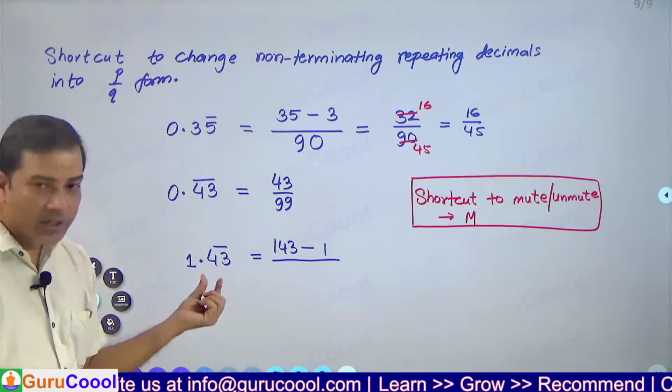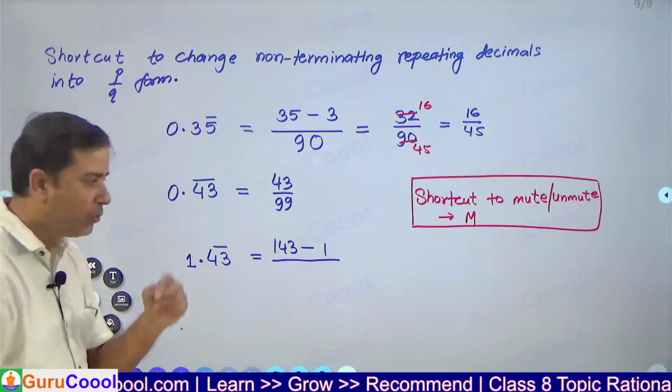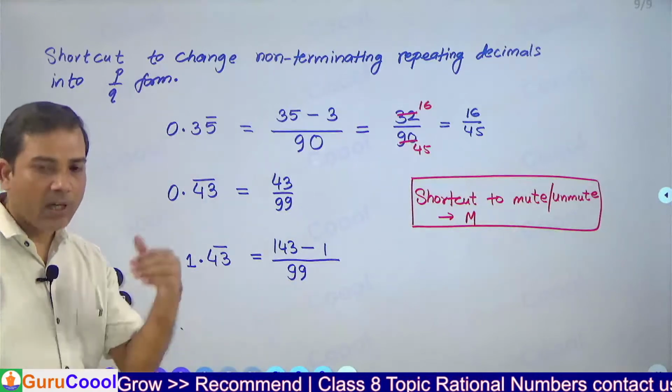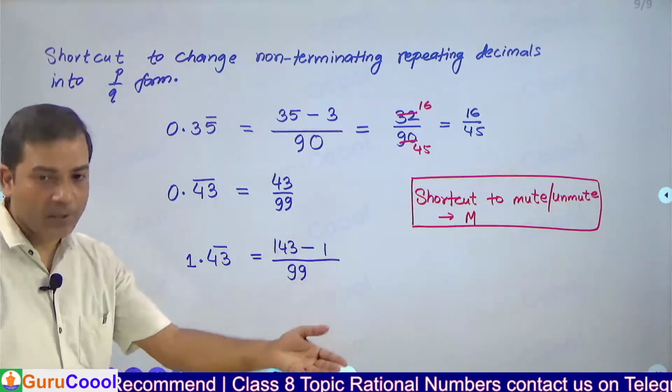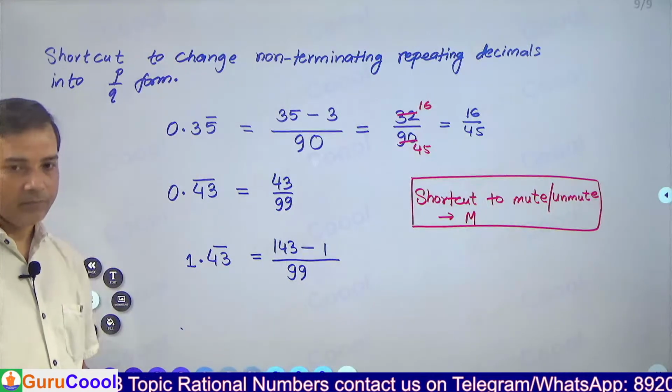How many digits have bar sign? 2. So 2 times 9. And how many digits after decimal without bar sign?